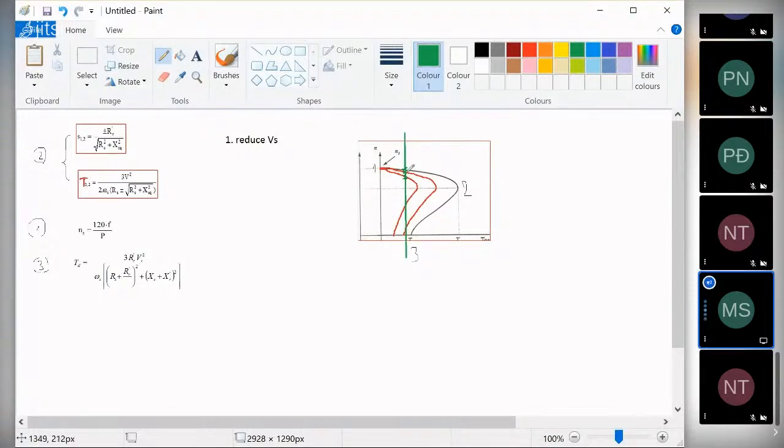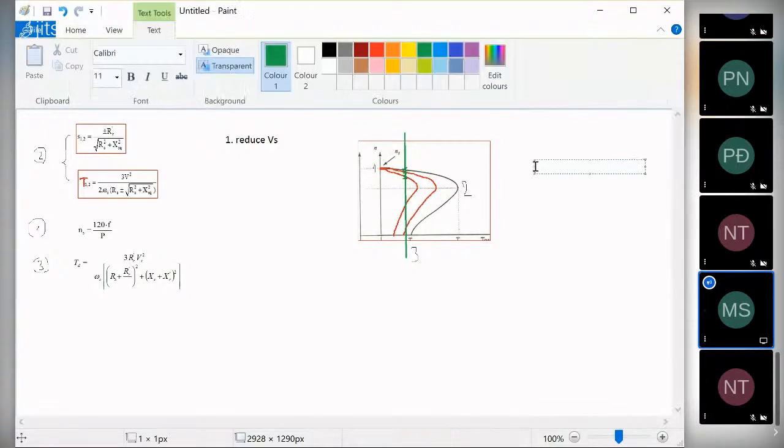However, this is an insufficient method. Why? Because the speed range is very small.